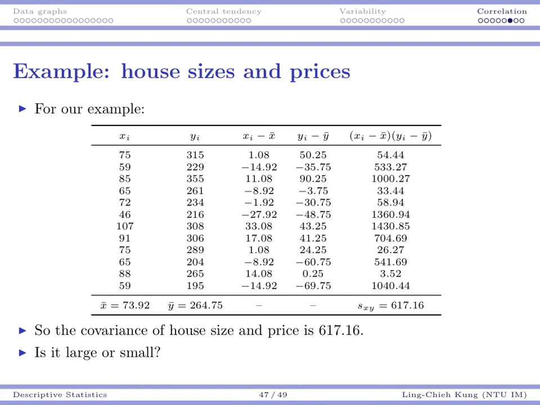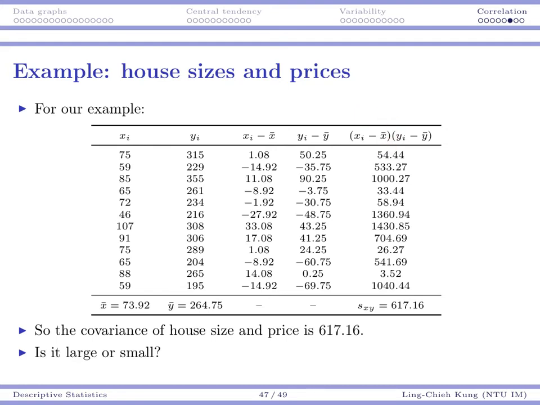If each variable has a very large variability, then intuitively, when you look at the two variables, you will have a very large covariance. Why? If, let's say, x has a large variability, for example, a large variance, then each xi minus x bar will be large, right?